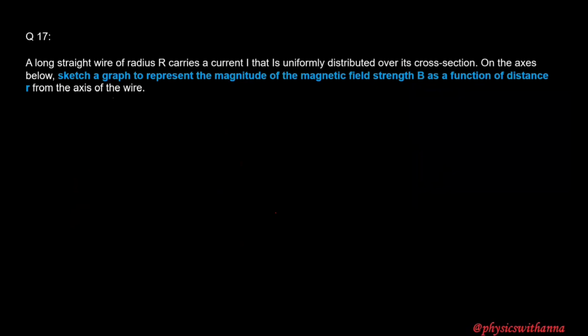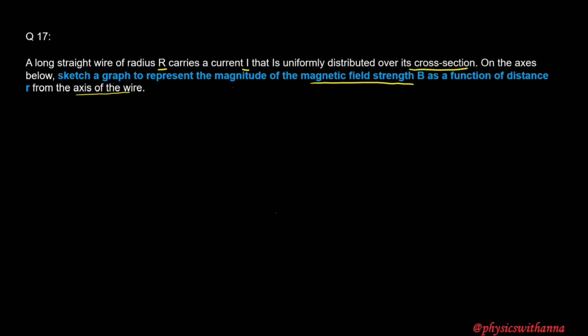Next, let's discuss part B of the question. A long straight wire of radius R carries a current I that is uniformly distributed over its cross section. Sketch a graph to represent magnitude of magnetic field strength B as a function of distance r from the axis of the wire.